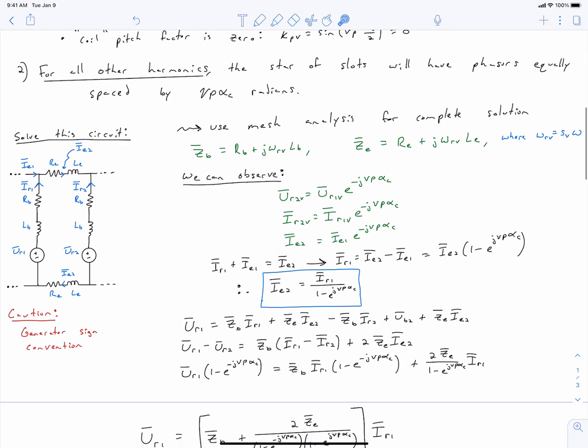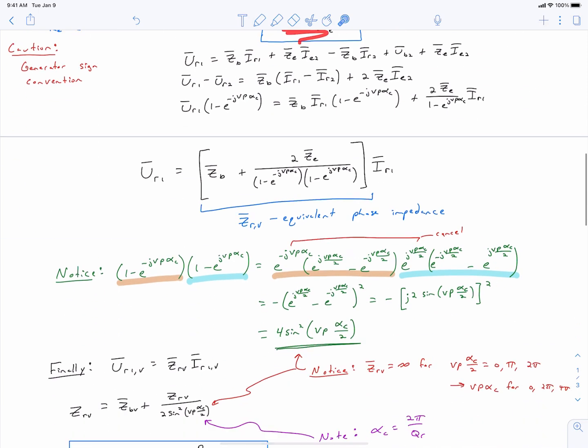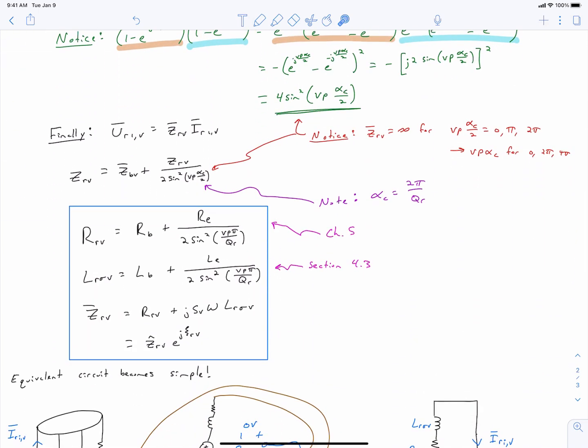We have also talked about how to solve this equivalent circuit in a practical way, and done that to, in fact, arrive at effective rotor impedance resistance and rotor impedance leakage inductance that depends on this funny term in the denominator, which shows that we're going to get a different value of impedance for any given harmonic that we're considering.